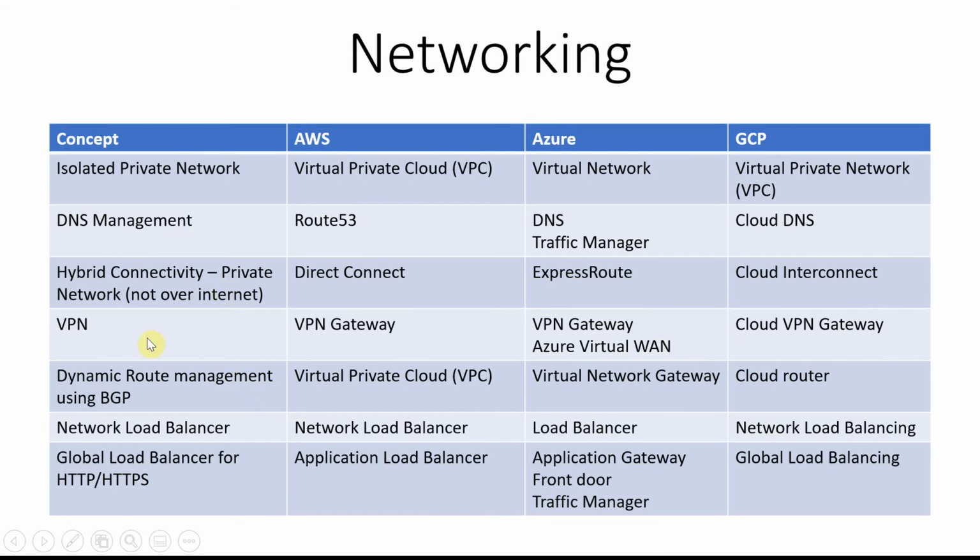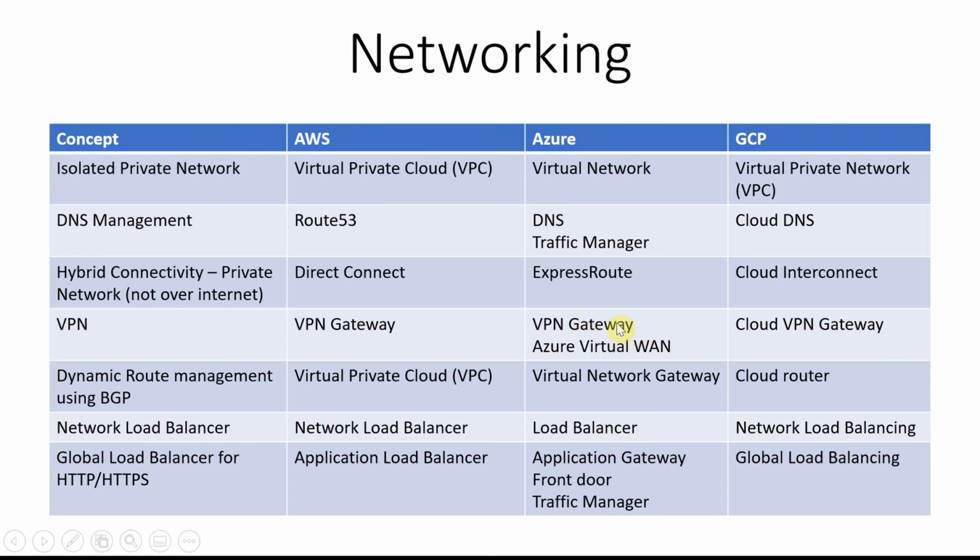Then, in the same hybrid connectivity category, let's say you want to route the traffic over the internet. Then VPN is your solution. For VPN, the answer in AWS is VPN Gateway. In Azure, we have two variations: VPN Gateway, which is for site-to-site.